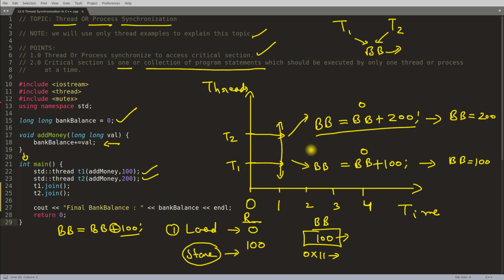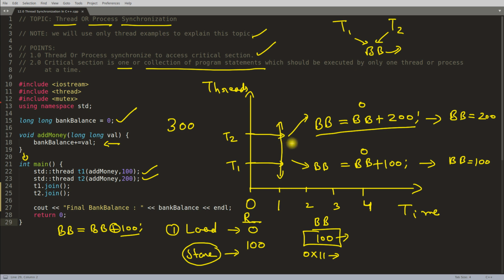But let me tell you one thing, it is not common. What I mean to say is, if I run this program, it is really very hard to see the result that it is 200 or 100. We will most likely see the result as 300. Why? Because it is very uncommon to reach this place at the same time. And nowadays processors are really very fast, so this time unit has become very small, and it is really very hard to actually get this situation.